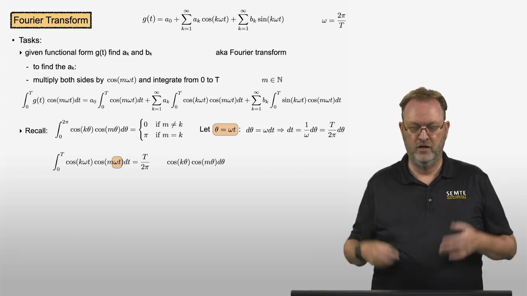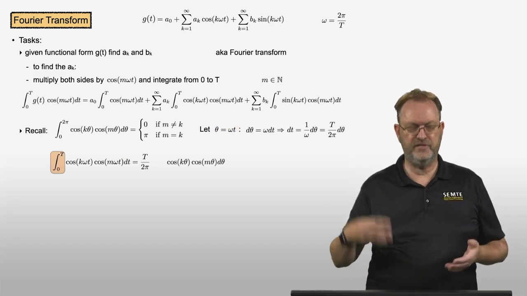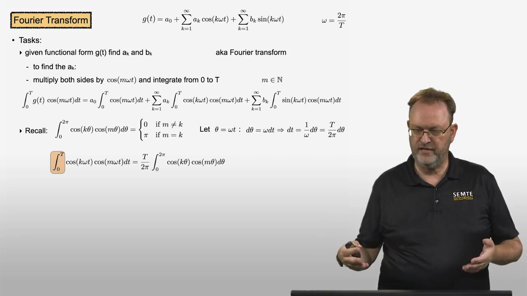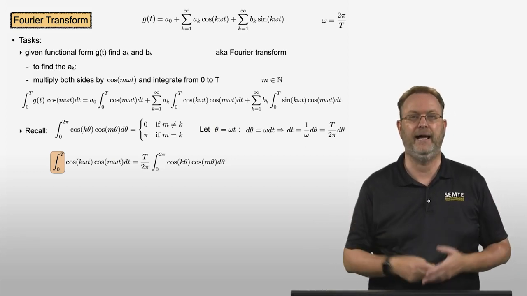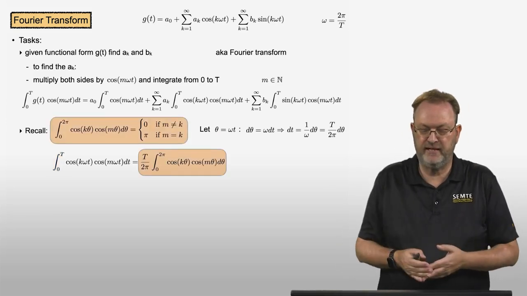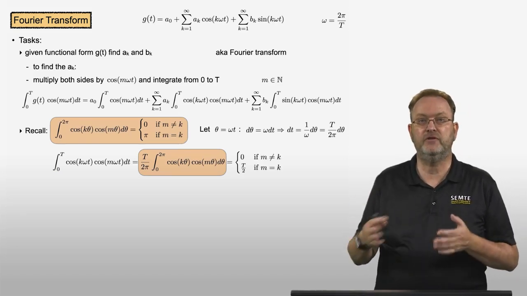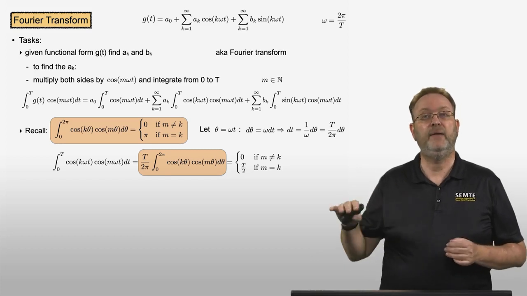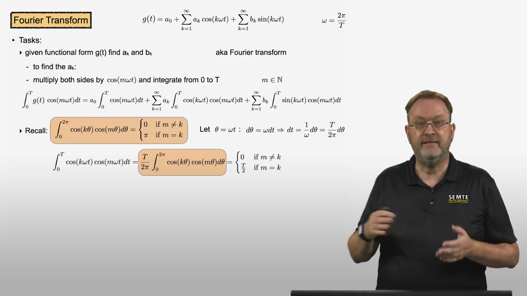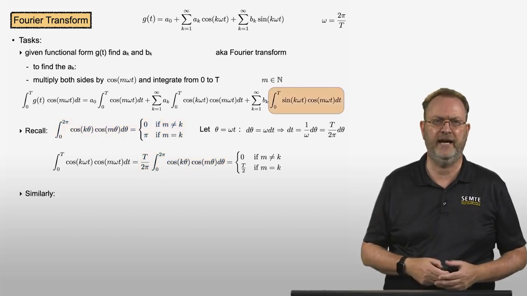The integration now goes from 0 to 2 pi. Now let's use this formula, because I have explicitly the same integral. So this is either equal to 0 times T over 2 pi if m is not equal to k, or it is equal to pi times T over 2 pi, so T over 2, if m is equal to k.